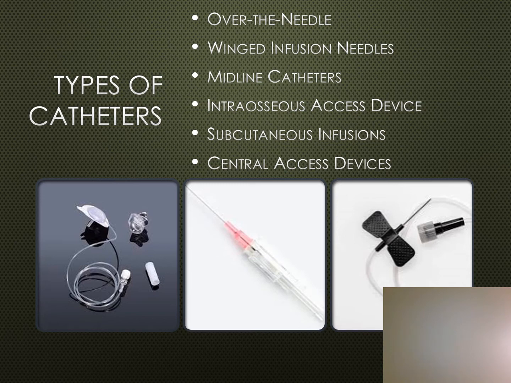So we have some of the same risks with central devices that we do with peripheral venous access devices, but then we have some different ones. If you consider where some of those central lines are, consider the organs that are adjacent to or near the insertion site. For example, the lungs. So a complication would be accidentally puncturing the lung during the insertion.